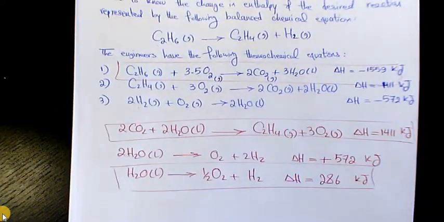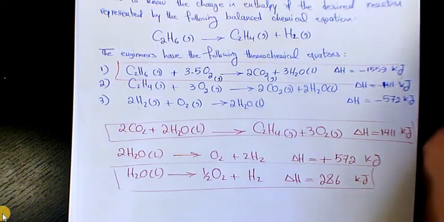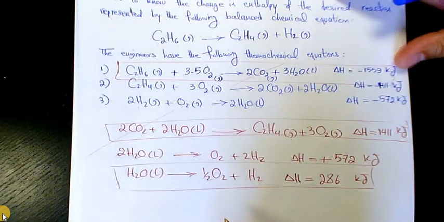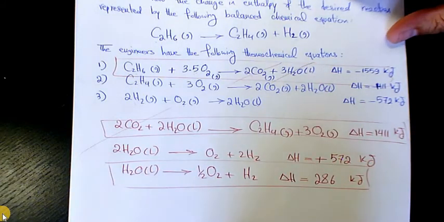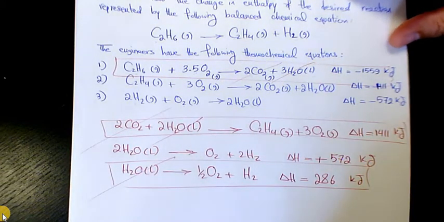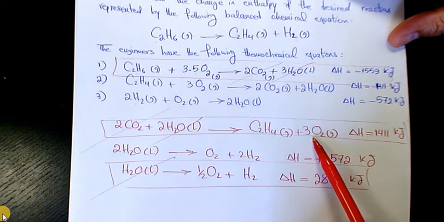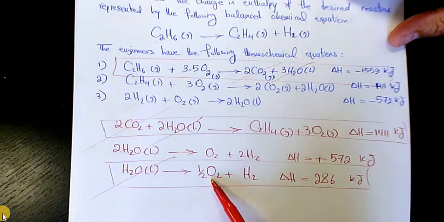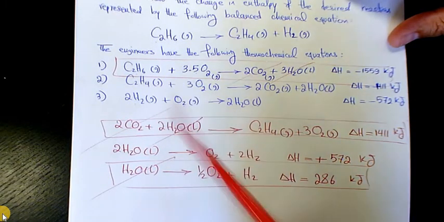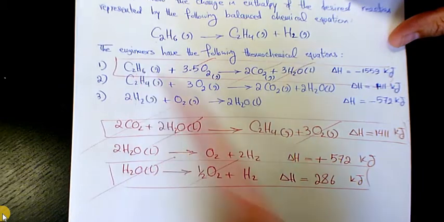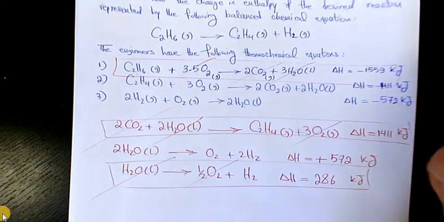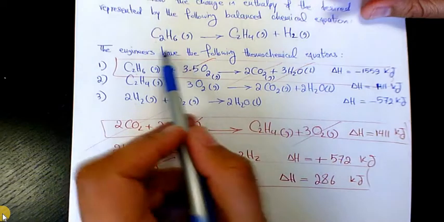So now we have this chemical reaction, we have this one, and we have the first one. Now if we add these three reactions, 2 CO2 and 2 CO2 cancel out, 3 H2O with 2 and 1 H2O cancel out. We have 3 oxygen here and half oxygen in the product side, and we have 3.5 in here. So 3.5 can cancel out with 3.5 in the reactant side. So what is remaining is C2H6, C2H4, and H2. It's just going to be what we have in the overall reaction.